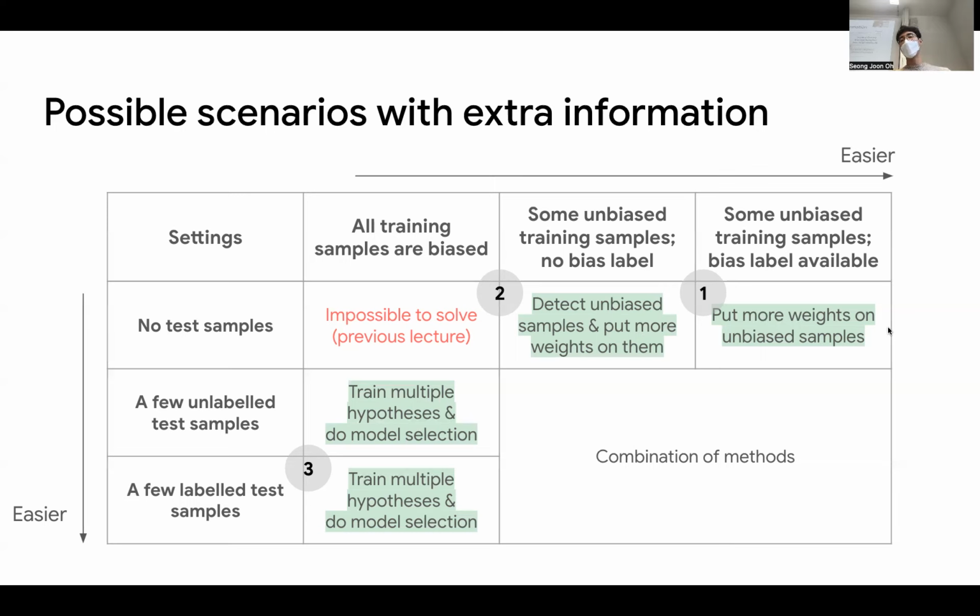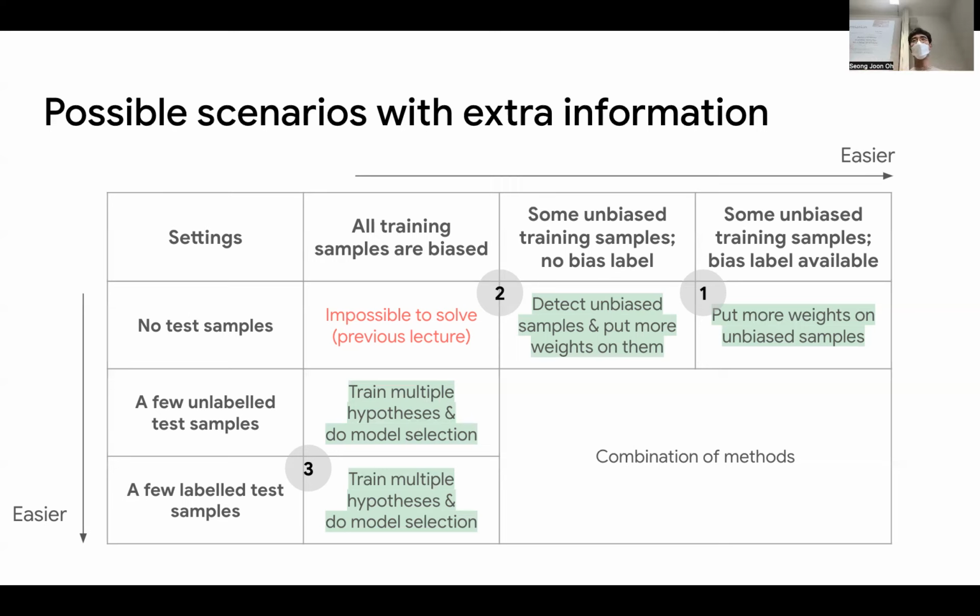In that case, we can try to put more weights on those unbiased samples by using the bias labels. Or in the slightly weaker case where you don't have the explicit bias labels, we can use our prior knowledge about what the bias will be in this data set. Using that prior knowledge, we detect them using some mechanism, and then we can use the mechanism again to put weights on these bias samples.